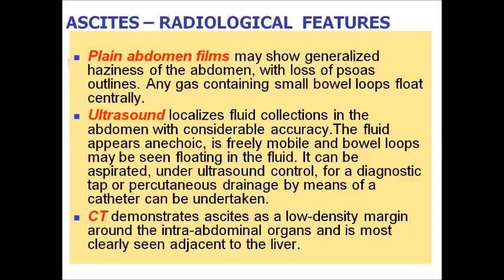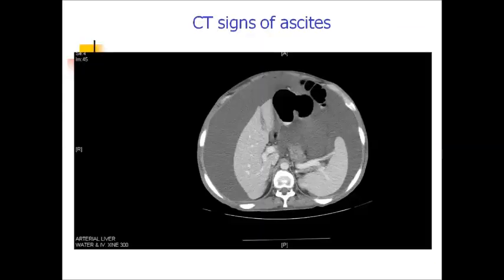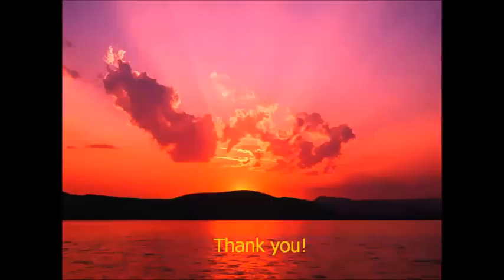CT, as in many other cases, is a more informative, more reliable technique and demonstrates ascites as a low-density margin around the intra-abdominal organs, most clearly seen adjacent to the liver, for example, as on this slide. So, thank you for your attention.